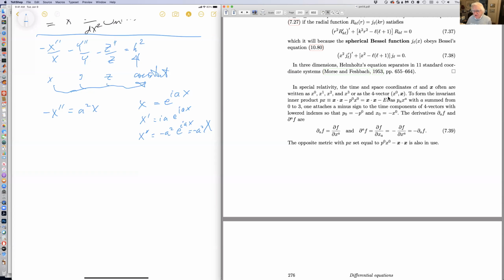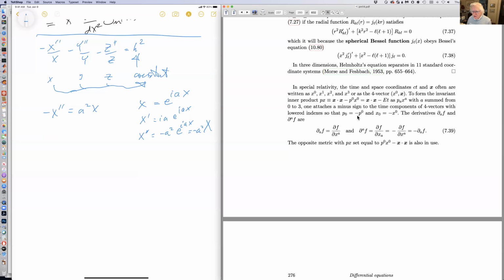Let me just mention the special relativity business because it comes up in electrodynamics as well as in other areas of physics. So it's x dot x minus Et. And this is written as p lower a x upper a. This is Einstein's convention. This lower a means that we have a minus sign on the time component.